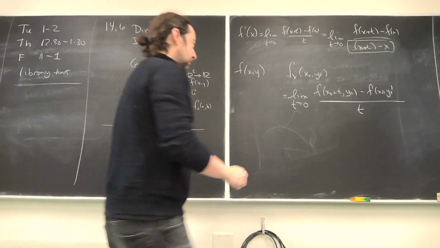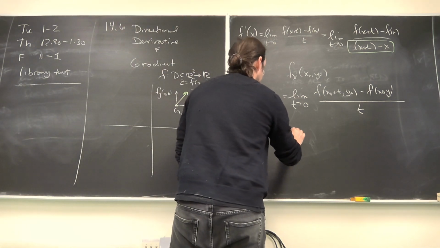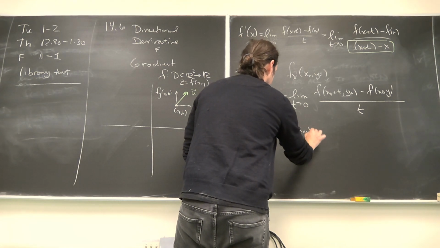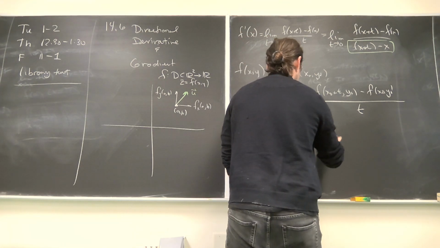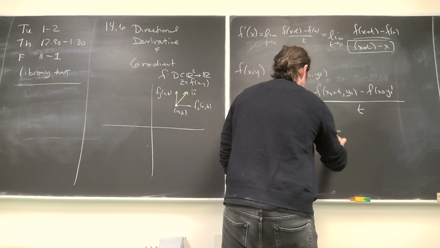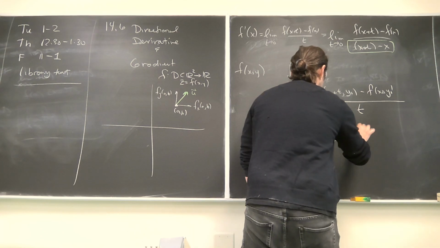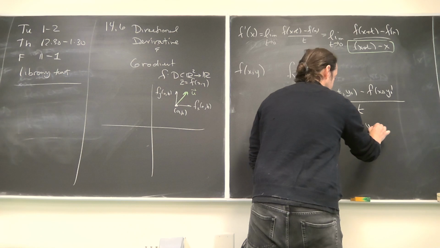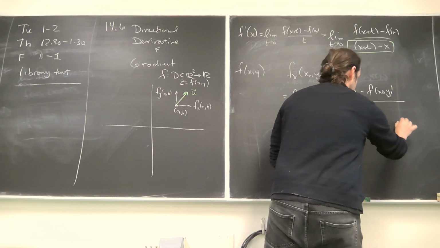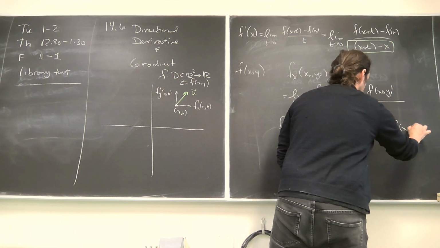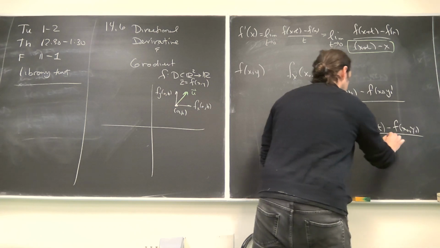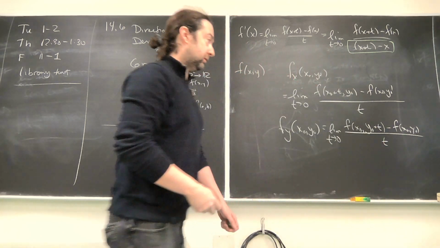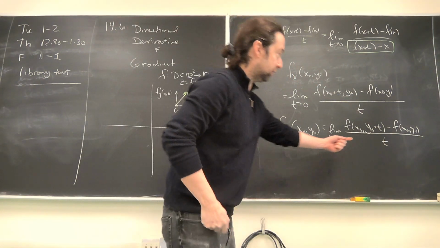And likewise, fy at a point (x naught, y naught) is the limit as t goes to 0 of f of x naught, y naught plus t minus f of x naught, y naught divided by t. Now we don't move in the x direction, we move in the y direction. So it's like a one variable derivative where now we're moving in the y variable instead of the x variable.